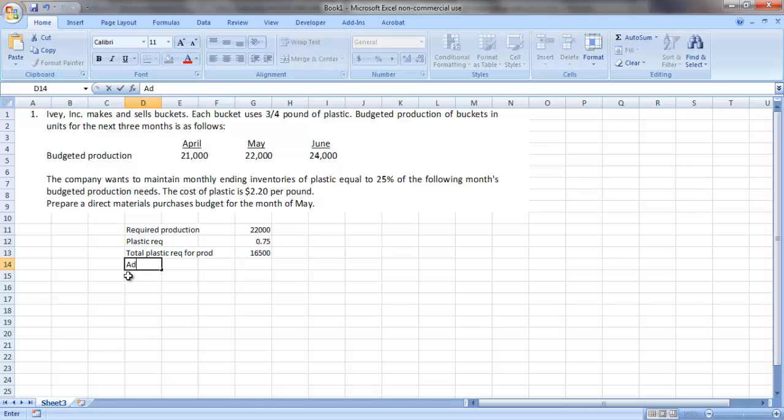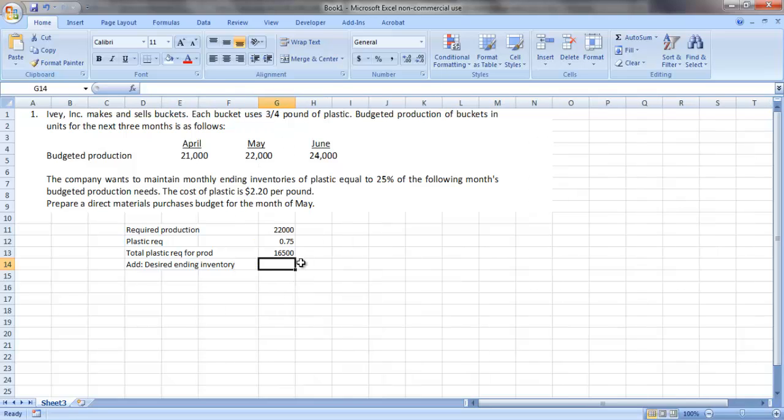To that, we want to add our desired ending inventory in terms of amount of plastic. So if you'll recall, the company wants to maintain monthly ending inventories equal to 25% of next month's production.